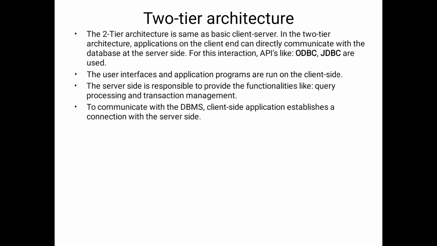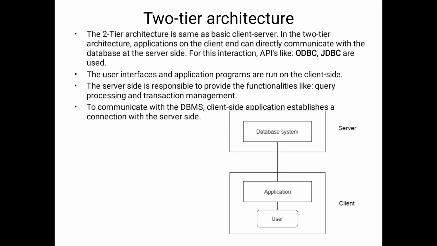To communicate with a database, the client-side application establishes a connection with the server side with the help of JDBC, ODBC or other application programming interfaces. Actually we have a lot of application programming interfaces, but we are using JDBC and ODBC for database connectivity. All the multinational companies are using Java, so JDBC is the best database connectivity.